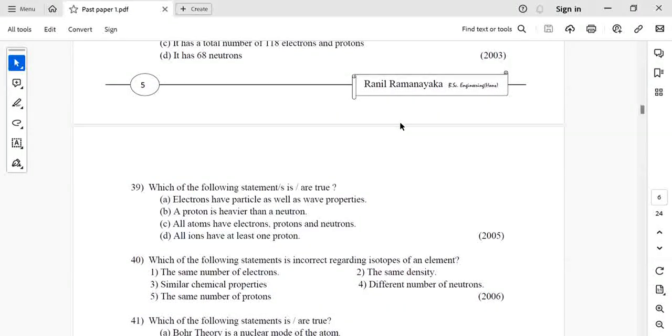You know that a hydrogen atom contains only one proton and 0 neutrons. C is wrong. All ions have at least one proton. Yes, even hydrogen has one proton. A, D only. Answer is 4.